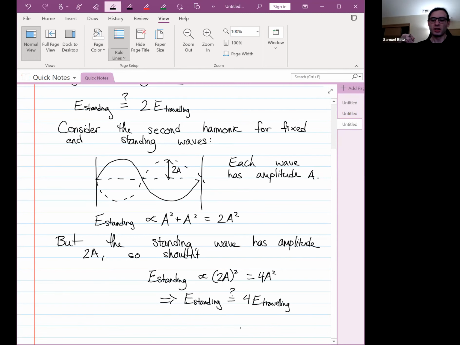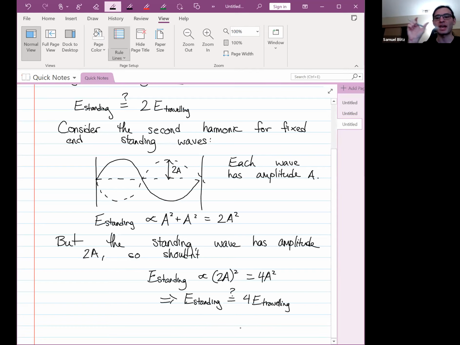The assumption that we made is that the energy in a standing wave is just related to the square of the amplitude. But remember where that formula came from. That formula came from realizing that the energy in a single oscillating particle is proportional to the amplitude squared.